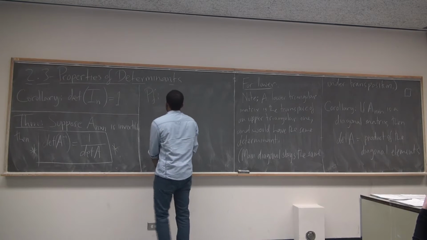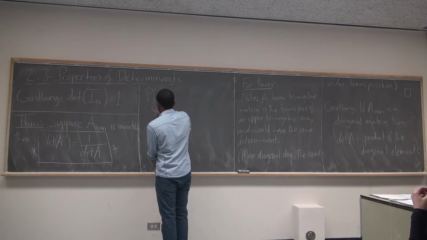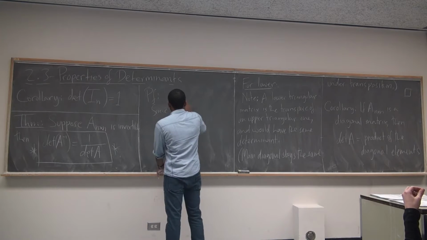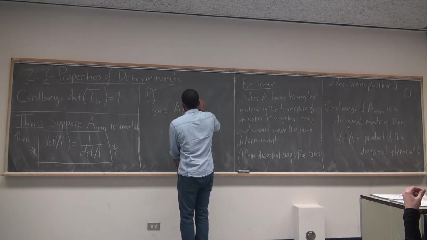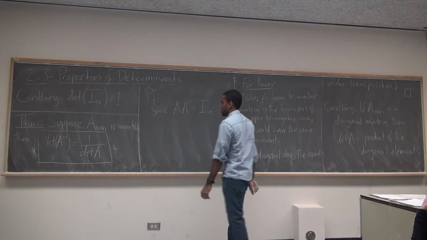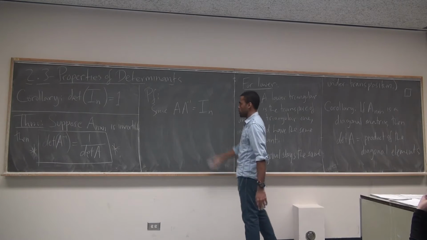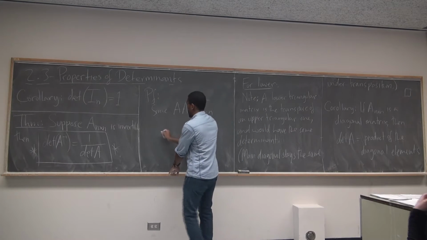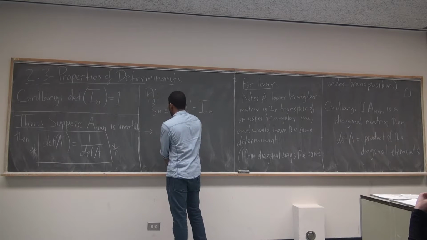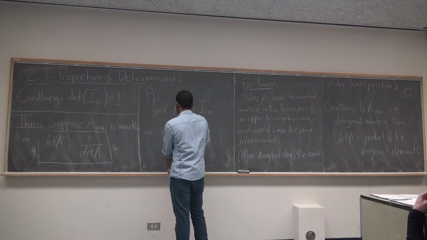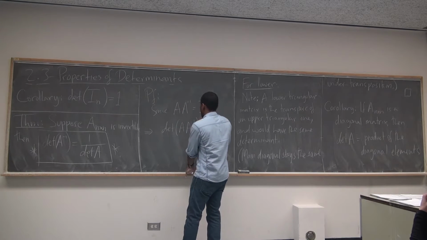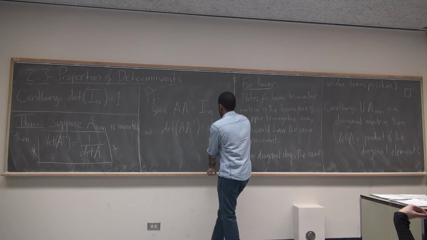Proof. Since A times A inverse is the identity, because that's what an inverse does, when you multiply you get the multiplicative identity, I can take the determinant of this side, and it's the same as the determinant of that side.